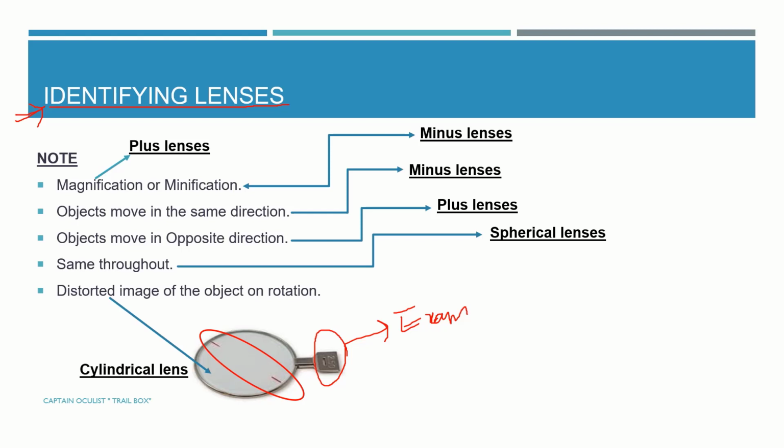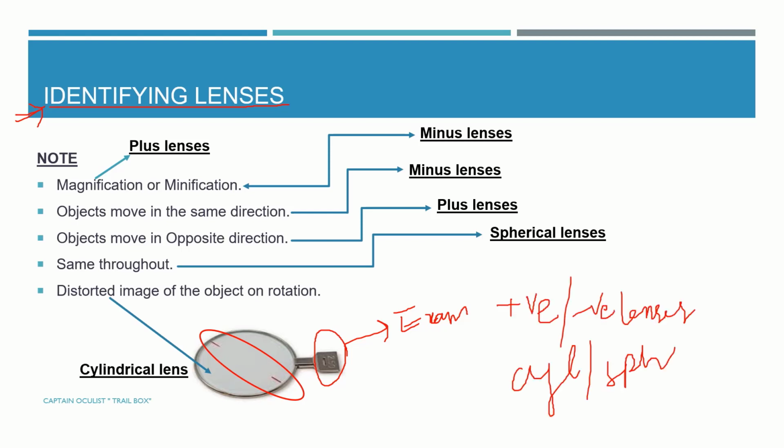How can we find out whether it is a plus or minus lens, spherical or cylindrical? Remember, hold the lens by the handle when it is present, or if the handle is absent, hold it on the markings, especially in cylindrical lenses, which have no handle.